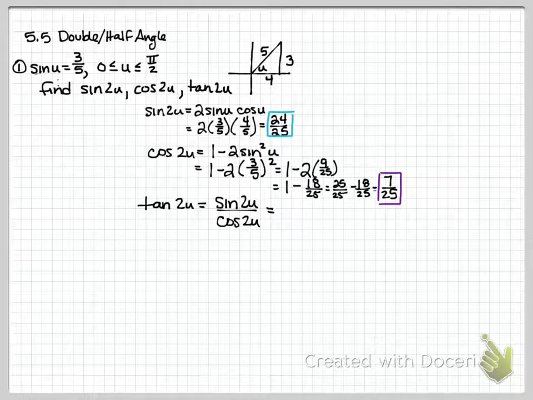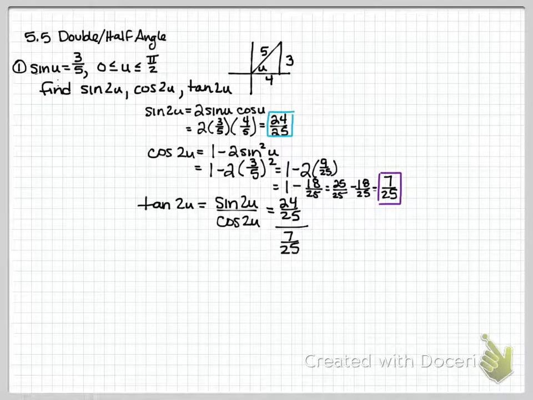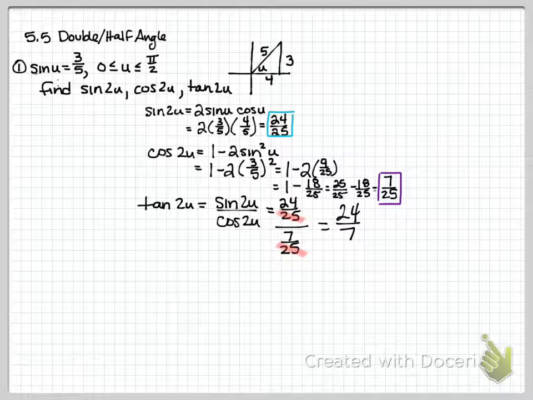Well, sine was 24 over 25. Cosine of 2u was 7 over 25. Well, both of these have the same denominator. And when that happens, remember we can kill our fraction by crossing off our denominator, and we're left with just 24 over 7. And so there's the tangent of 2u. Okay, so that's example 1.